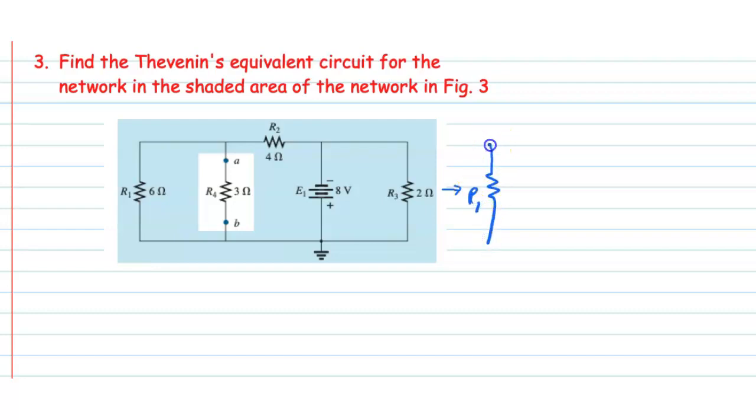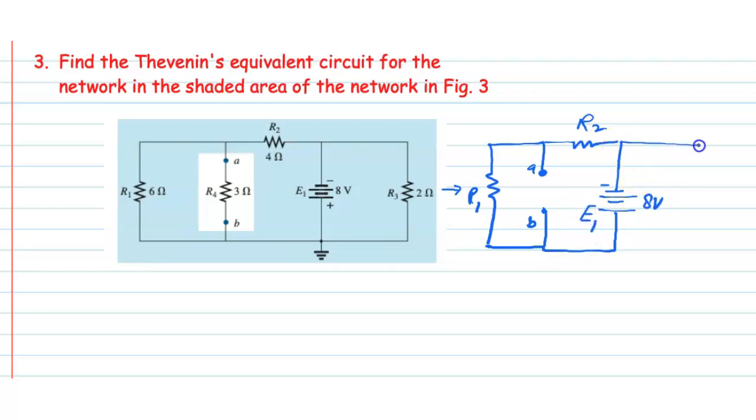So this circuit will be R1, and this load is removed from the circuit. This is A terminal and this is B terminal, and again this is R2. Here you note that this is positive, this is negative, this is negative and this is positive, and the value is 8 volt.